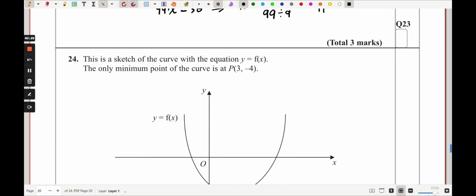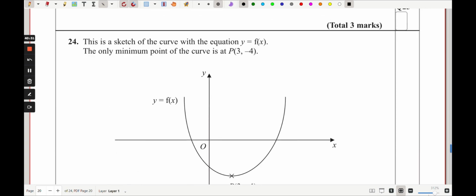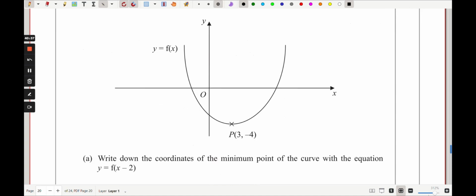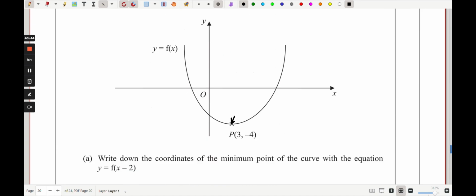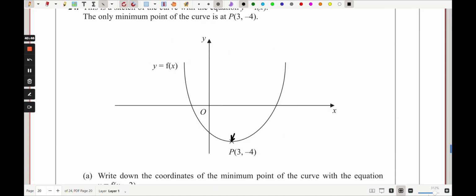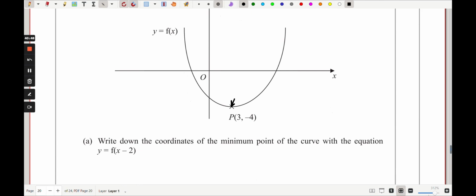Yes. Now question 24. This is a sketch of the curve with the equation y equals f of x. The only minimum point of the curve is at the point 3, minus 4, which is in here. Now the question: write down the coordinates of the minimum point of the curve with the equation y equals f of x minus 2.